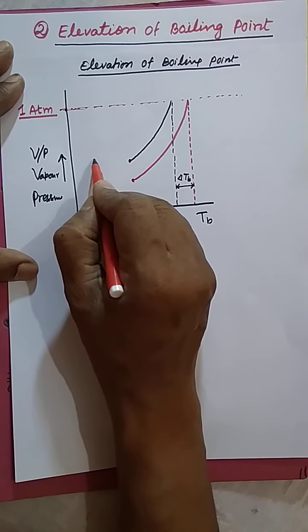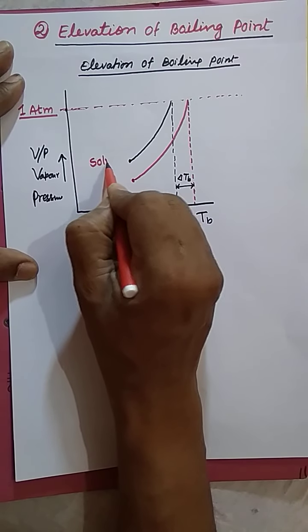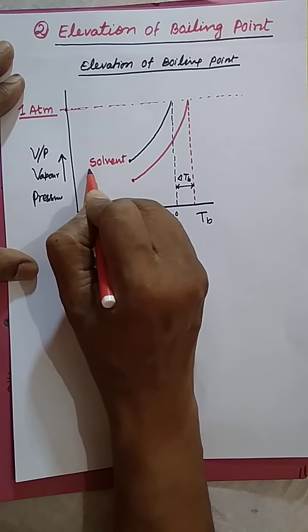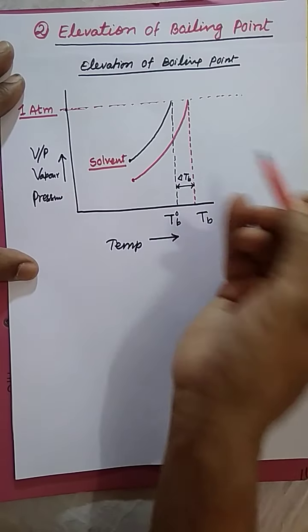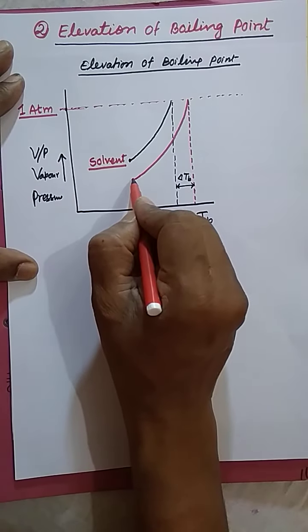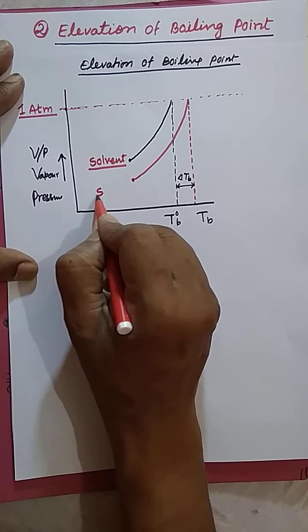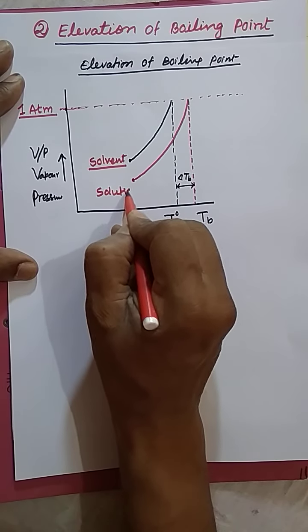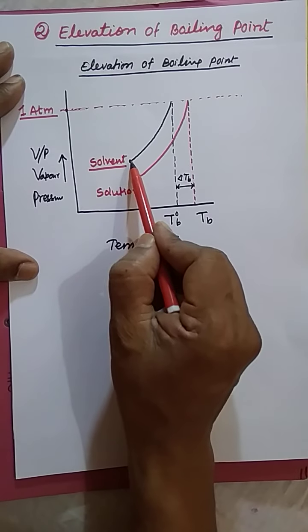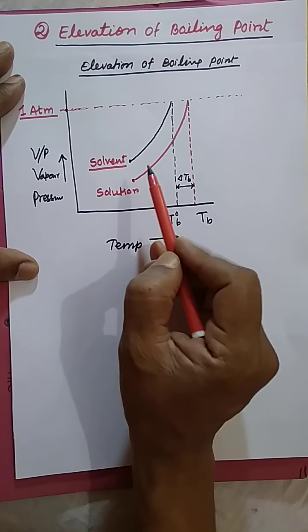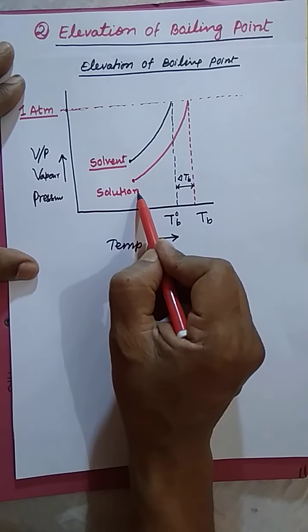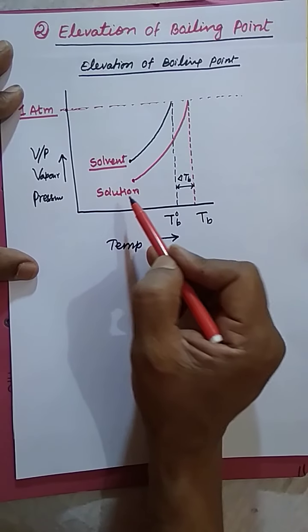Now this is your solvent, having some vapor pressure. After adding some non-volatile solute, this is your solution. So definitely its vapor pressure decreases by adding some non-volatile solute.